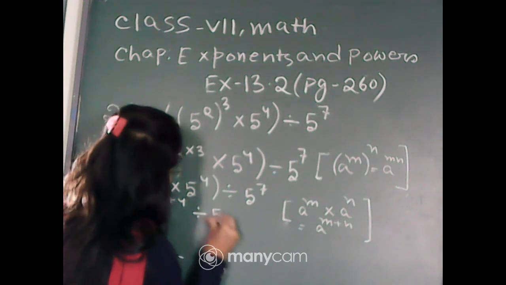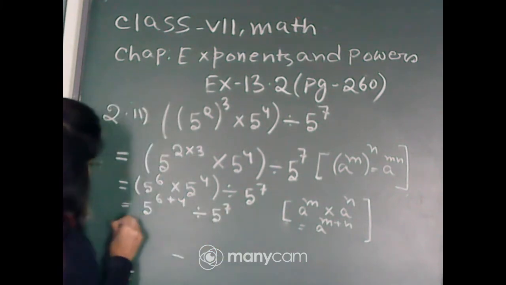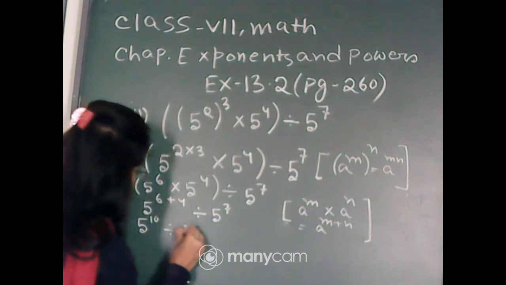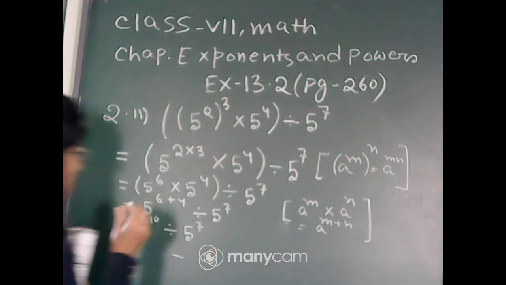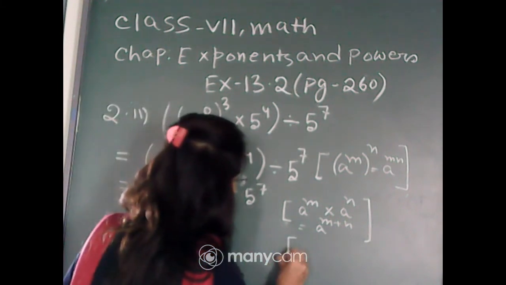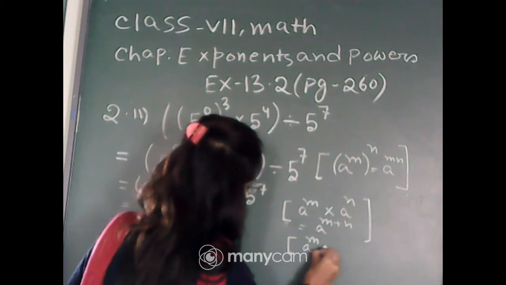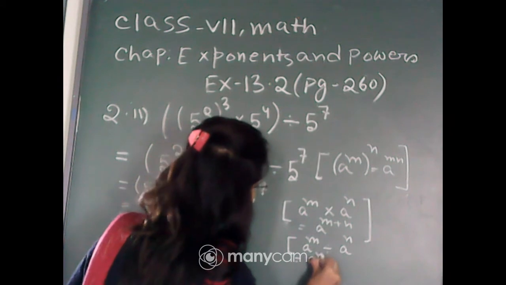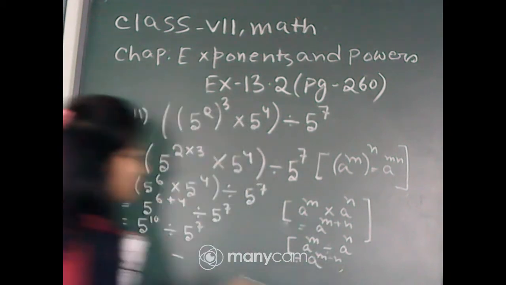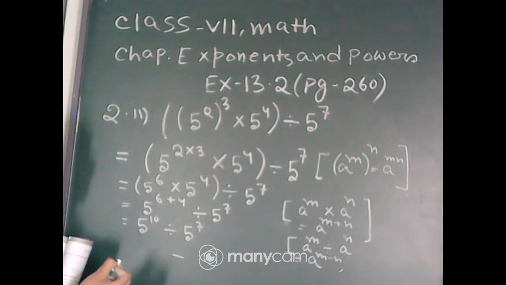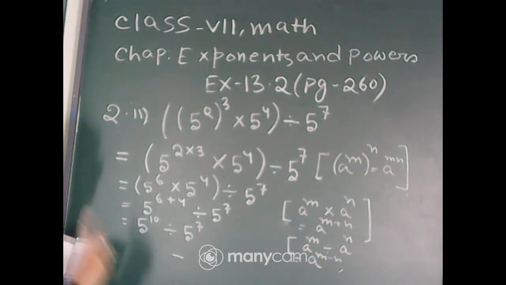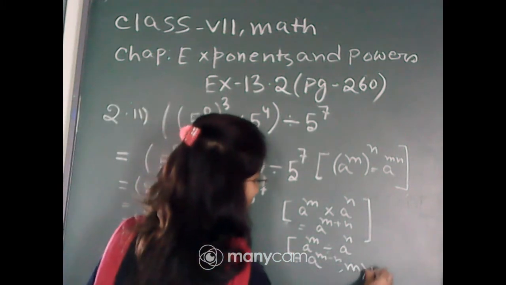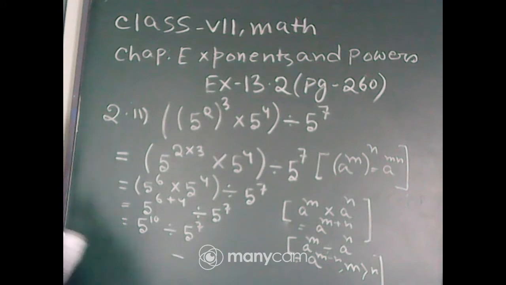divided by 5 to the power 7, and this is equal to 5 to the power 10 divided by 5 to the power 7. Now, we use the law a to the power m divided by a to the power n is equal to a to the power m minus n, from laws of exponents, where a is any non-zero integer, m, n are whole numbers, and in this case m greater than n, isn't it?